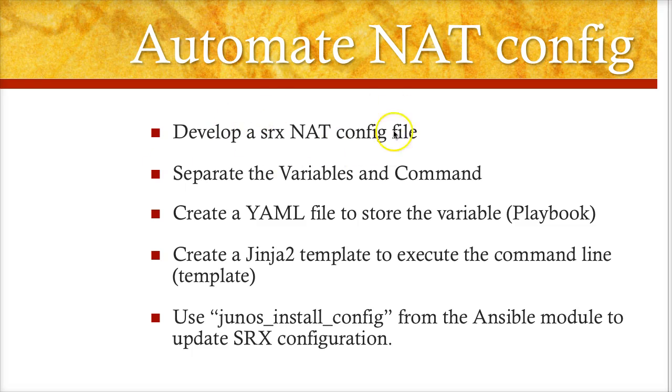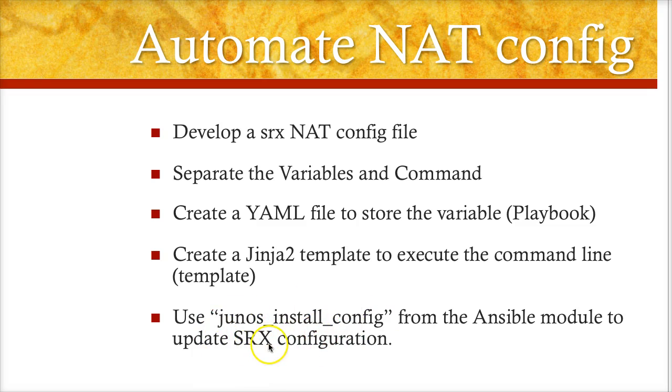First, build an SRX NAT config file, and separate the variables and the commands into two files. You create a YAML file to store the variables, which is the Ansible playbook. Another file will be a Jinja2 template, which will run the SRX CLI.